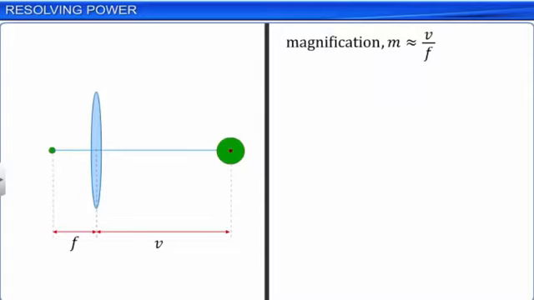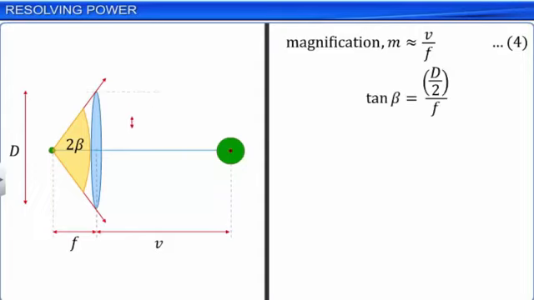Let this be equation 4. If d is the diameter of the objective lens, and 2β is the angle subtended by the objective lens at the focus of the microscope, then, from the figure, tan β is approximately equal to d/2f. Therefore, d/f is approximately equal to 2 tan β. Let this be equation 5.